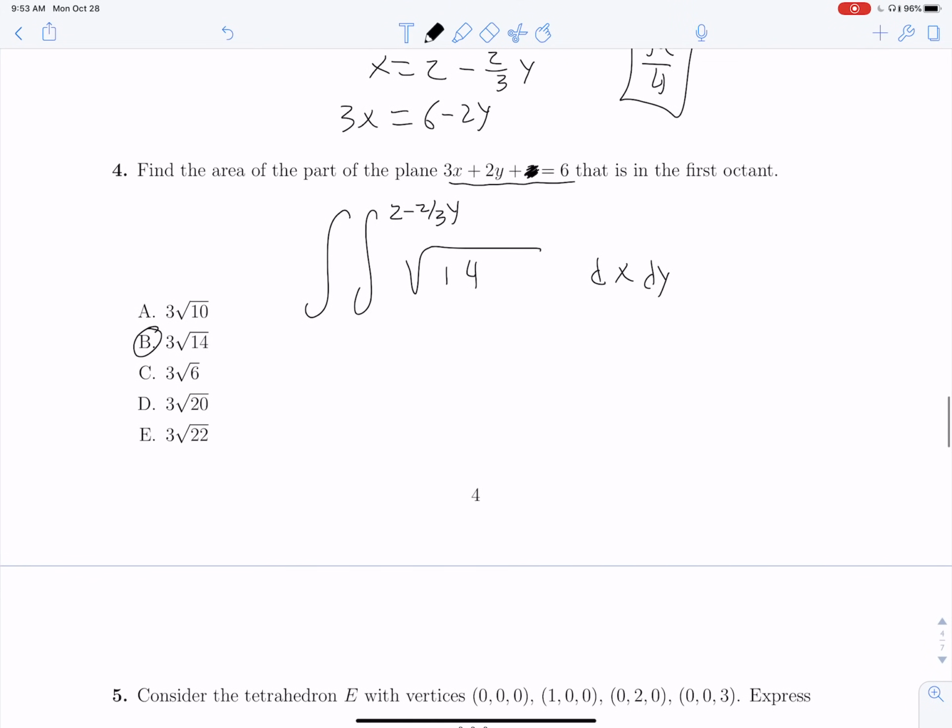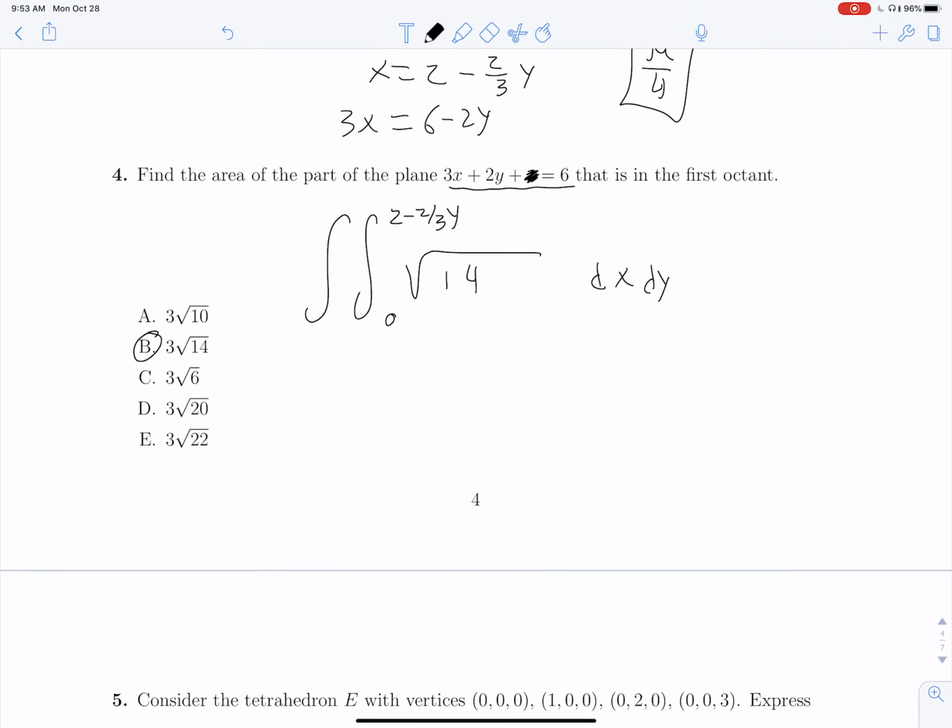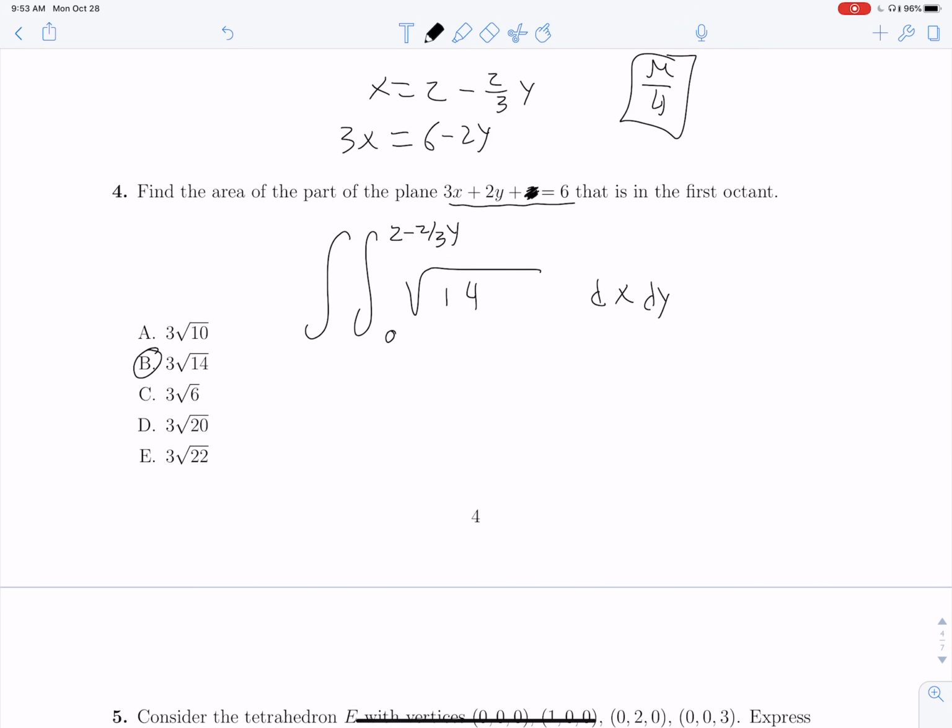That's our upper bound, because this is a plane that's projected above our x-axis, and we're running from 0. And for y, we can just solve this: 2y equals 6 where x is equal to 0, so y equals 3. Really, y is running from 0 to 3.